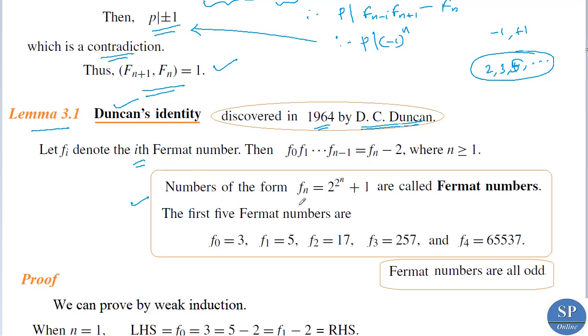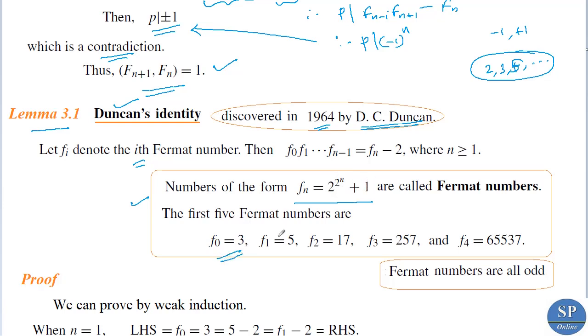Fermat numbers are numbers of this form: Fn is equal to 2 power 2 power n plus 1. The first Fermat number is F0. When n equal to 0, we have 2 power 2 power 0, that is 2 power 1 plus 1, that is 2 plus 1, that is 3.